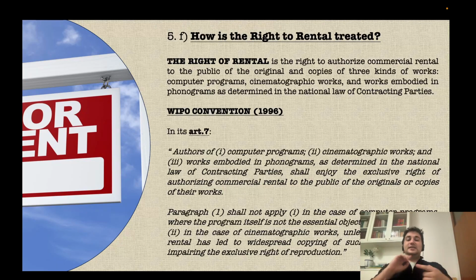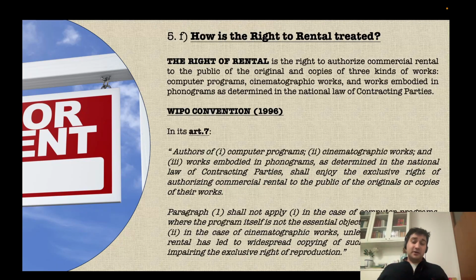So, in case you are a software developer and you want to apply the right of rental to your computer programs, you won't be able to do that if the rental does not have the program itself as its main focus.